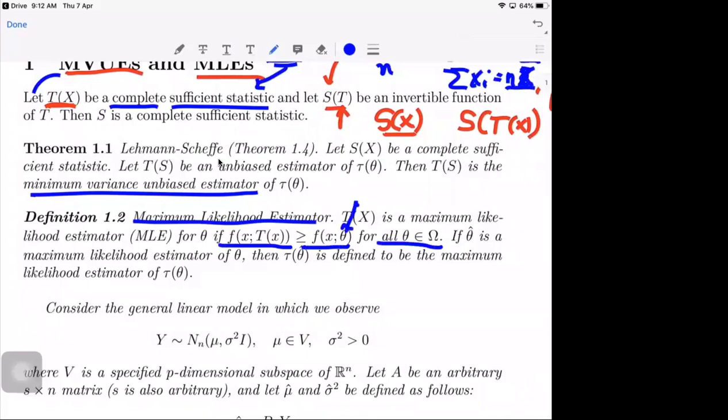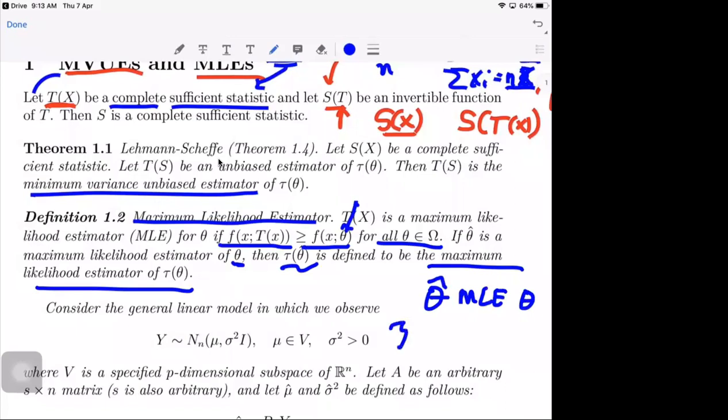So if theta hat is an MLE for theta, then any transformation of theta hat will also be an MLE for tau of theta. So if you have theta hat as MLE for theta, and you transform it to tau of theta hat, it is then the MLE for tau of theta.